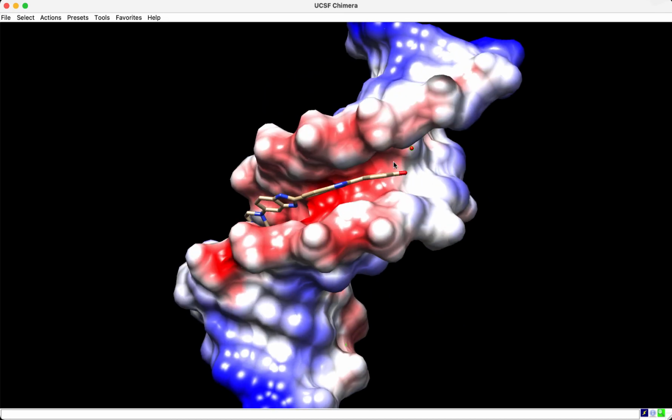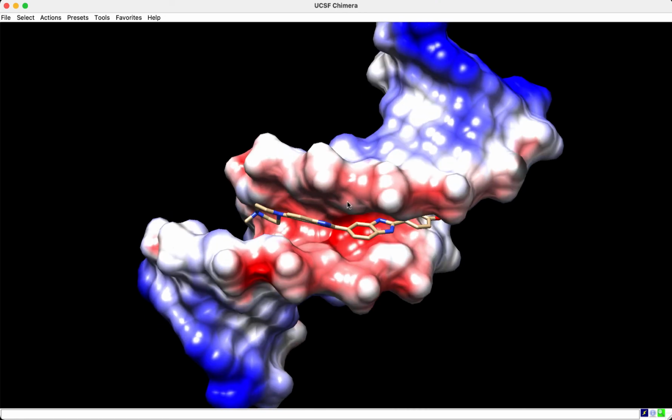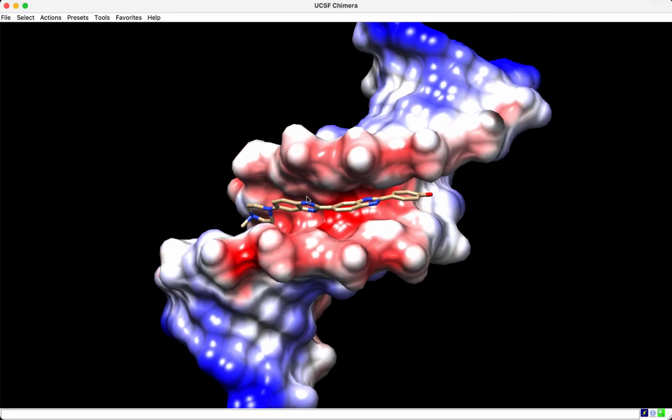But if you see here in the space, in the minor groove of the DNA molecule around the center, this is where I see the brightest red. That corresponds to the most negative values of the electrostatic potential.